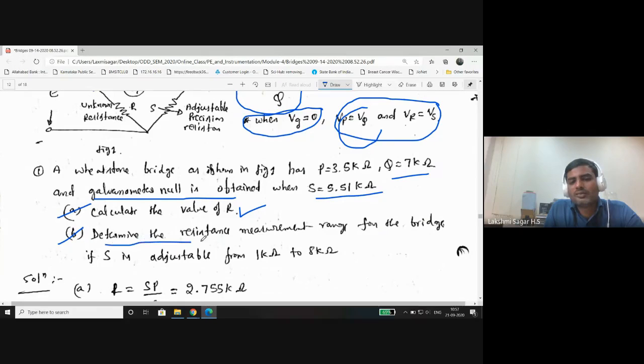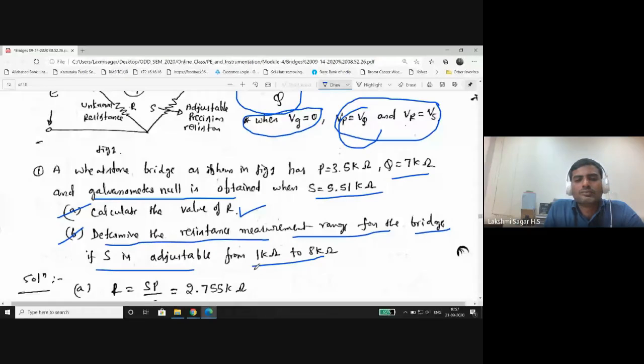Now the second question: determine the resistance measurement range for the bridge if S is adjustable from 1 kilo ohm to 8 kilo ohm. So first what you need to do?